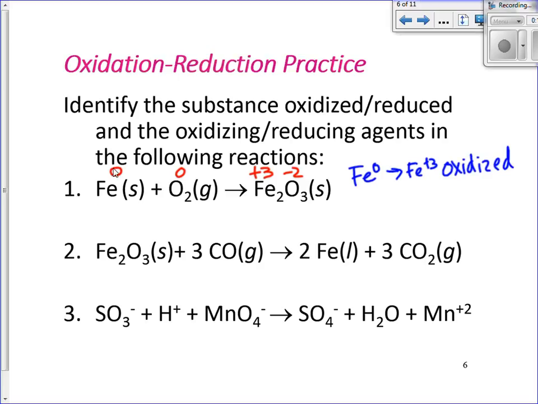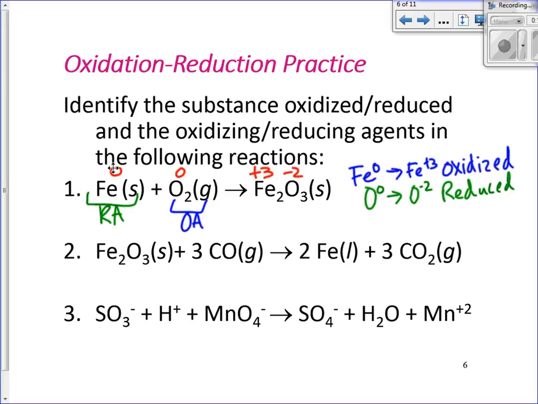And therefore, this is going to be your reducing agent. And the oxygen is going from 0 to -2, and it's being reduced. So it's going to be your oxidizing agent.